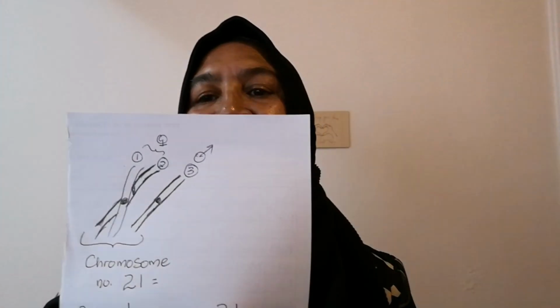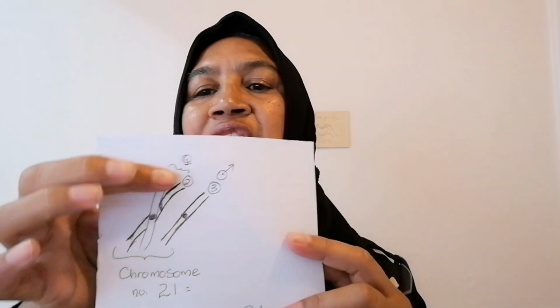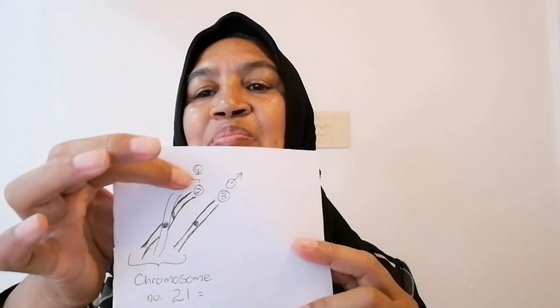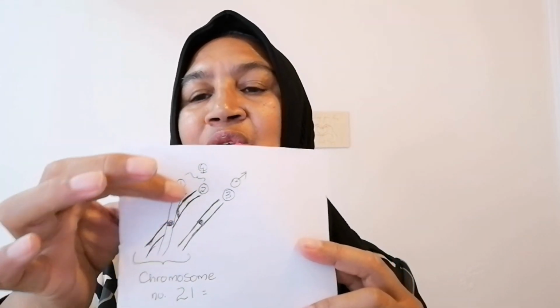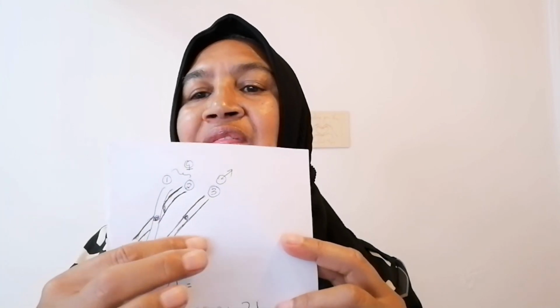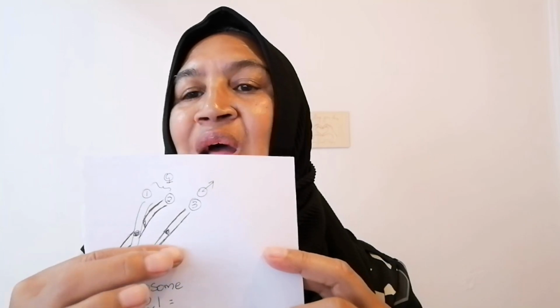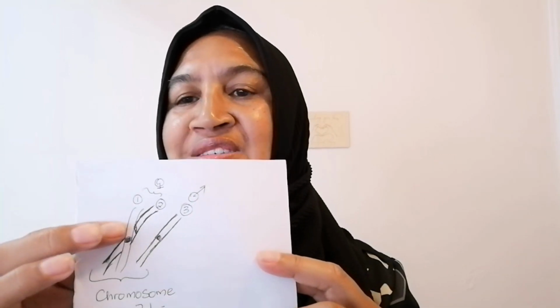Now, we're going to look at what happens then when the egg cell doesn't manage to separate successfully. If this represents the cells of the male and the female, in the egg cell we have this combined chromosomes, the whole pair that went over, and after fertilization the male cell joins it, right?